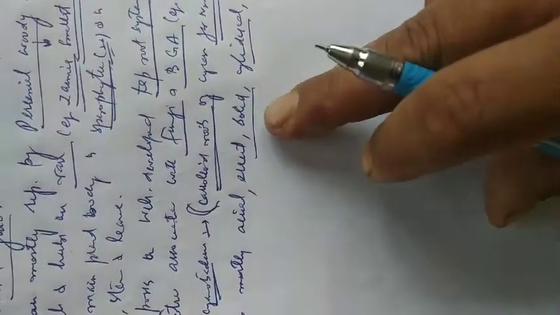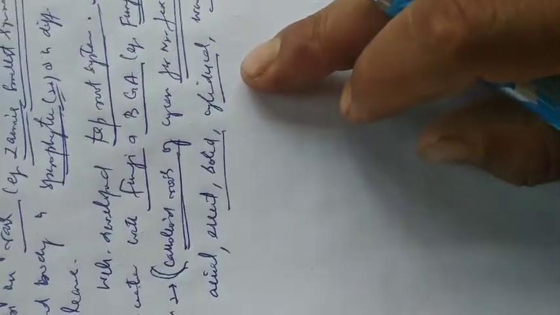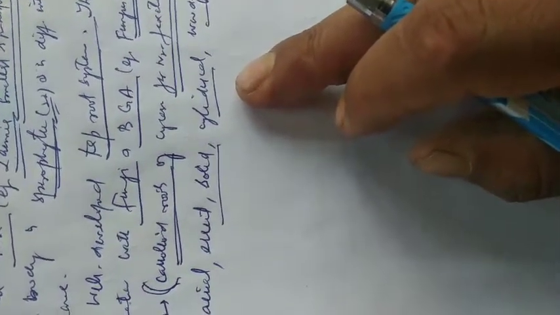Stem in gymnosperms is mostly aerial, that is, it is above ground, erect, solid, cylindrical, woody and branched.